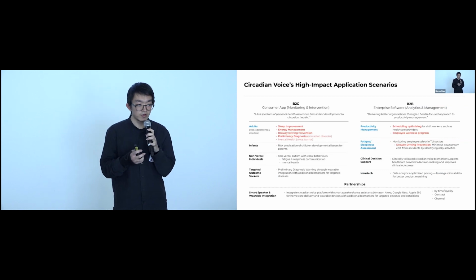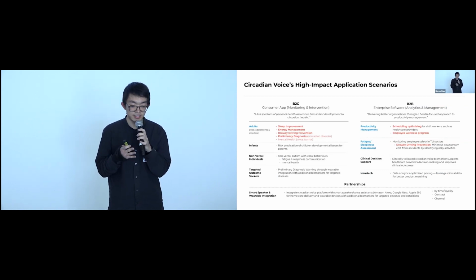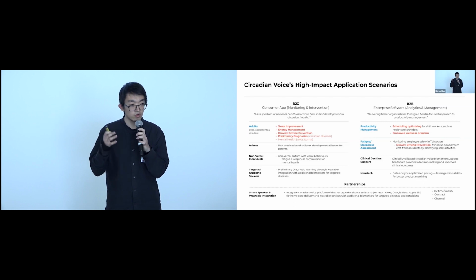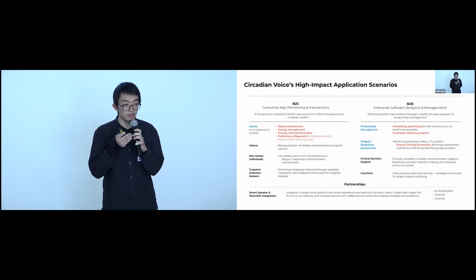And there's a myriad of high-impact application scenarios for voice to be a standardized consumer solution to assess circadian health. We're starting off with the adult population, but also targeting, in a longer clinical roadmap, infants and minimally verbal and nonverbal populations, such as people suffering from autism spectrum disorder.